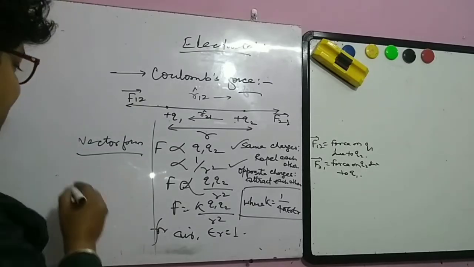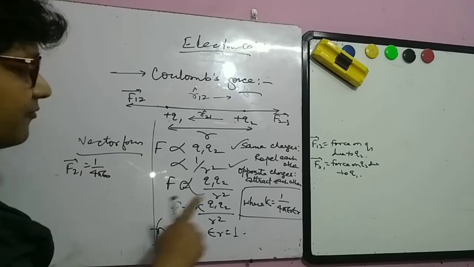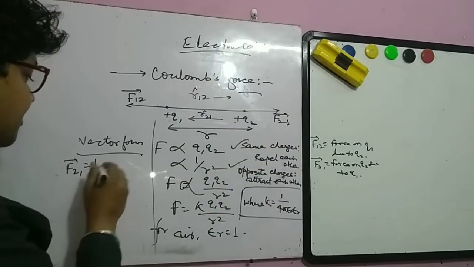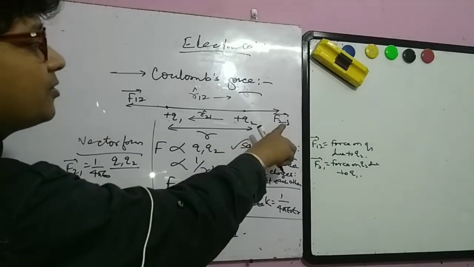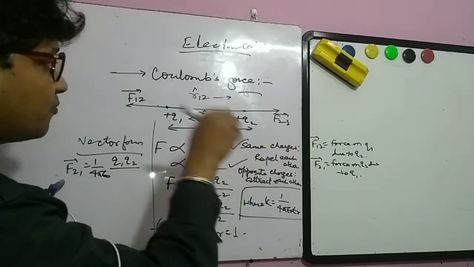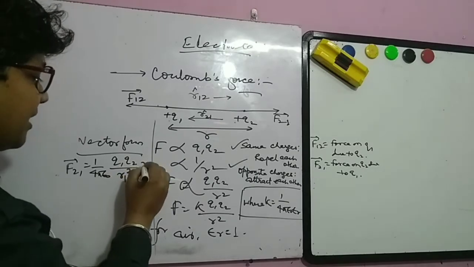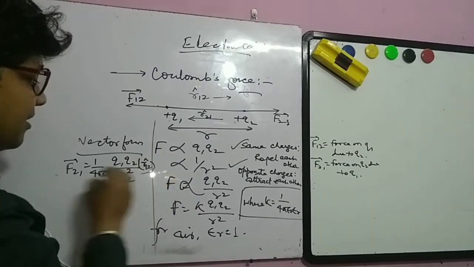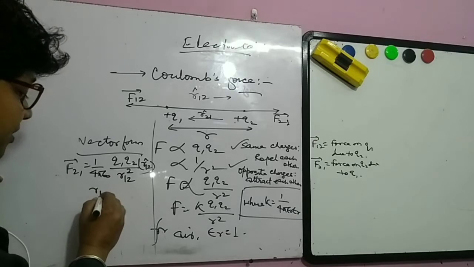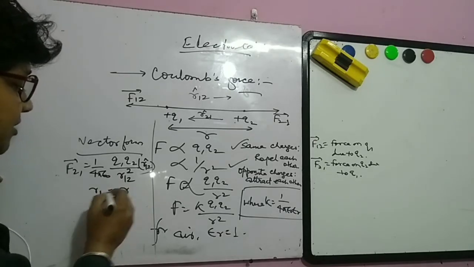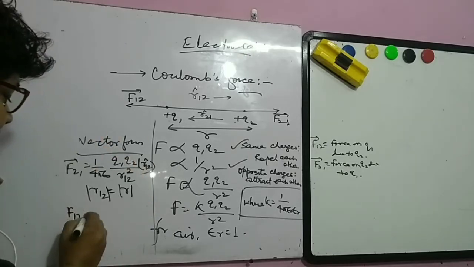So in vector form we can write F21 will be equal to 1 upon 4 pi epsilon naught, if we are taking air as a medium, q1 q2 by R12 square, and this is R12 unit vector. Keep in mind, this R12 is now magnitude. So don't get into confusion. This R12 is now equal to r. It is magnitude.